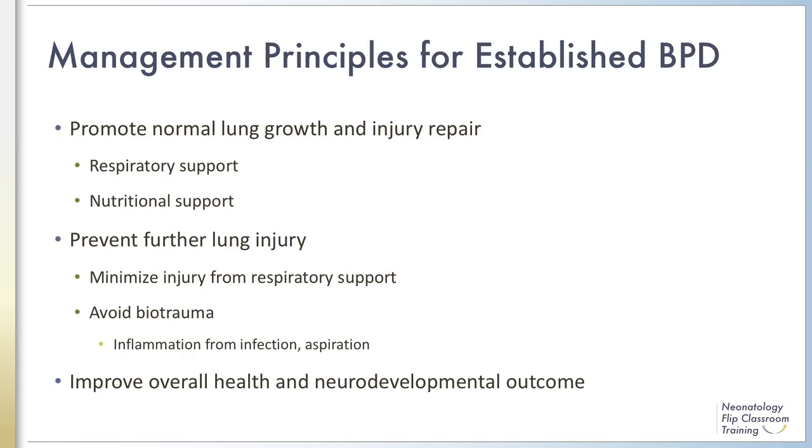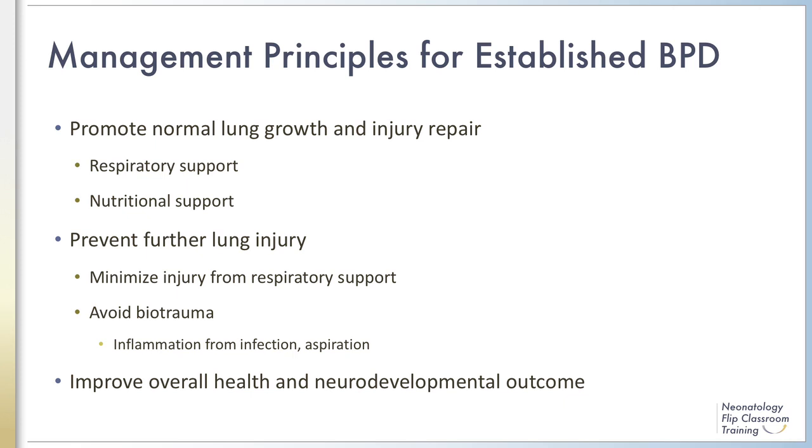Based on the pathogenesis and the multi-system problems of BPD that we have reviewed in the previous modules, the overall management principles for infants with established BPD should focus on promoting normal lung growth and injury repair while preventing further lung injuries. The ultimate goal is to improve the overall health and neurodevelopmental outcomes of these infants.